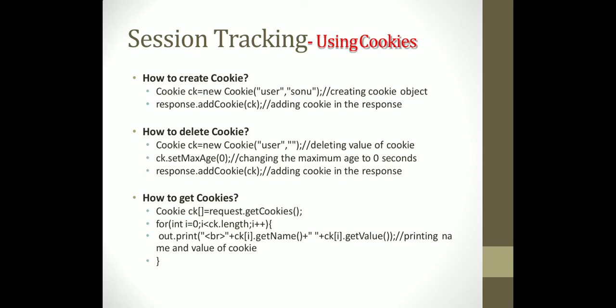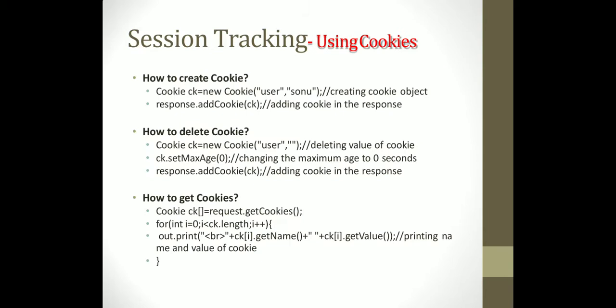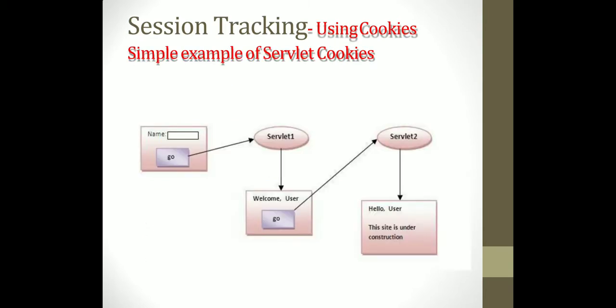For deleting, we use the same thing, just remove that name's value. Here you can see for creating we have added the name Sonu, and for deleting we have put that value as blank. All these things we have seen in session tracking.